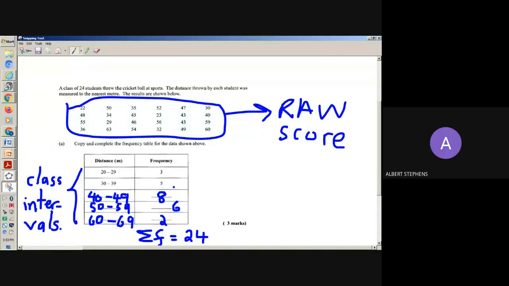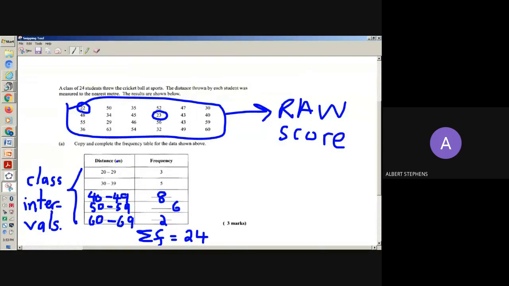So what we do, we look for all the values that lie within 20 to 29 in the raw score. If you look at the first one here, one of the students threw the ball 22, right? So 22 lies between 20 and 29. 23 lies between 20 and 29.